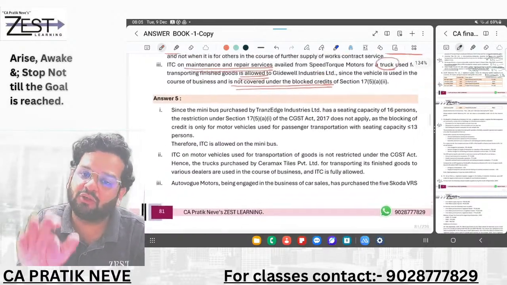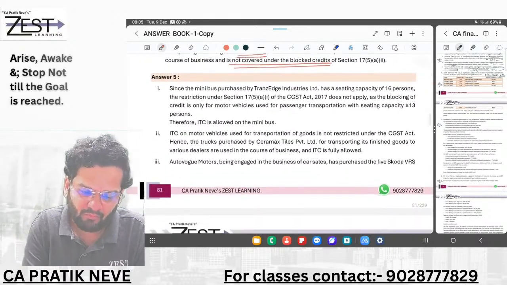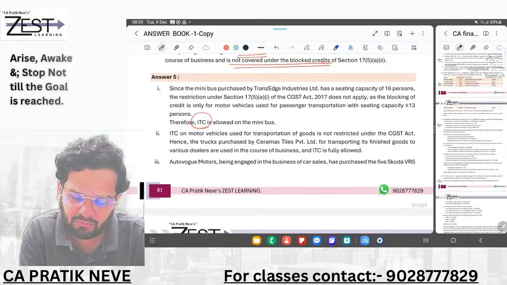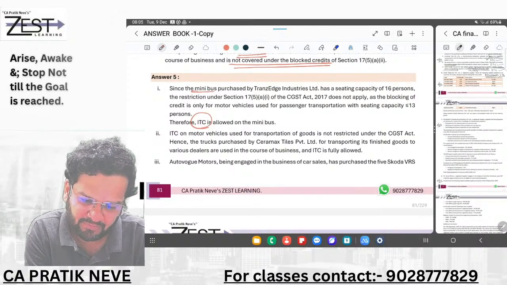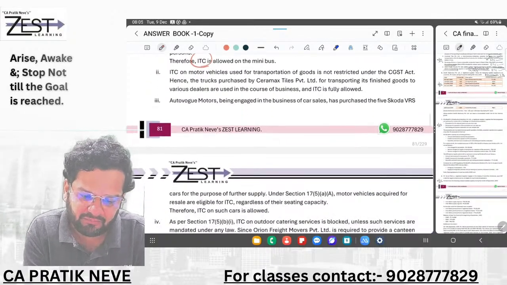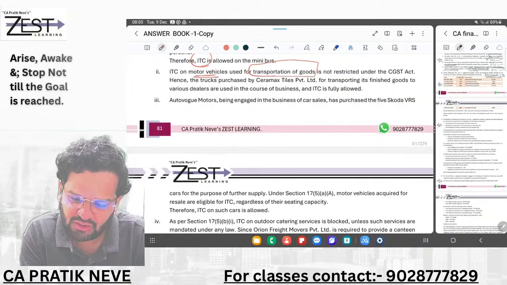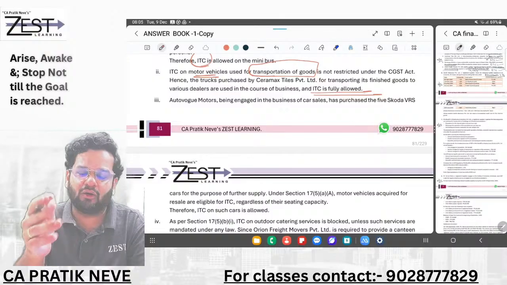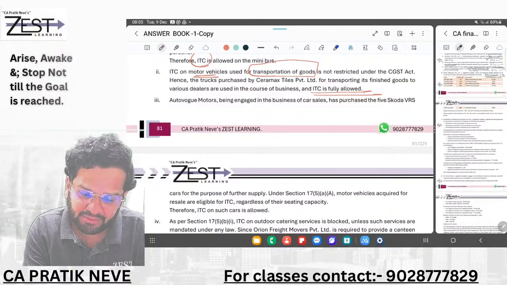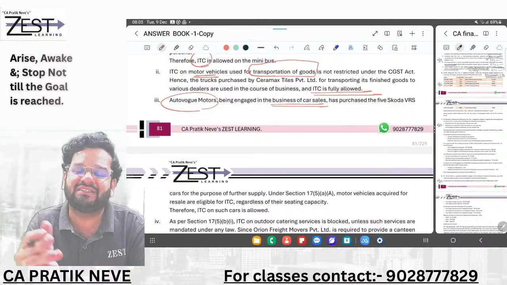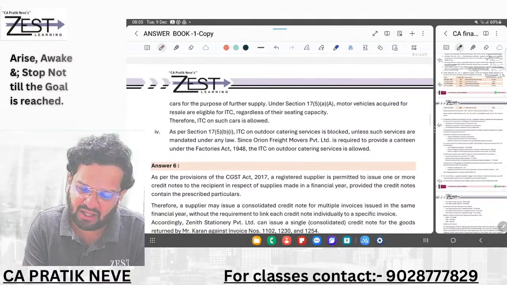for that particular canteen. So see, ITC is allowed in the first case, in case of the minibus. All of you, minibus? Yes. Then for motor vehicles used for transportation of goods, ITC will be allowed, and Autovogue Motors is engaged in the business of selling cars itself, so ITC will be allowed.